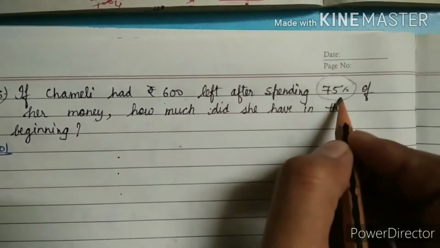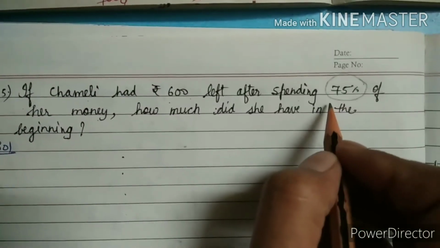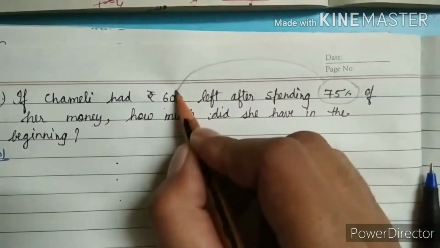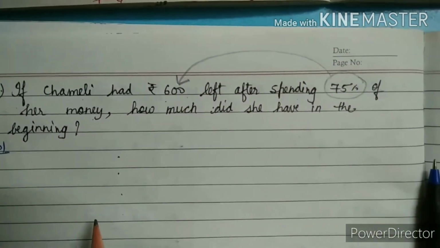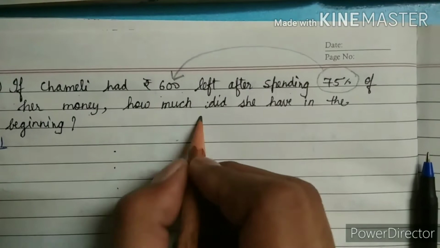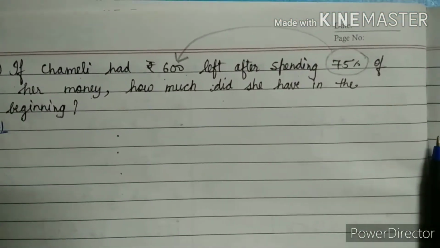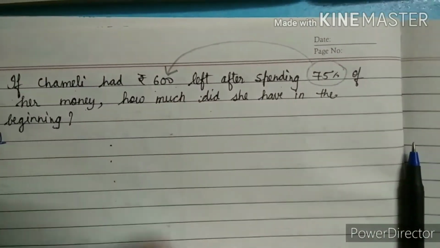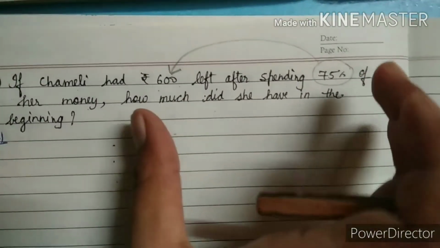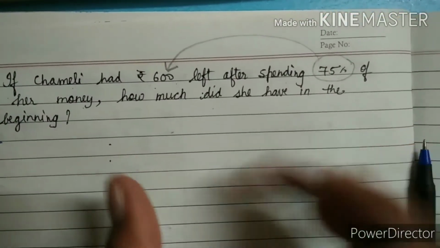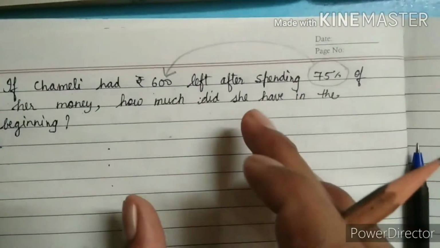After removing 75% from the total, she only has 600 rupees. So how much did she have in the beginning? At the start of the shopping, how much money did she have?